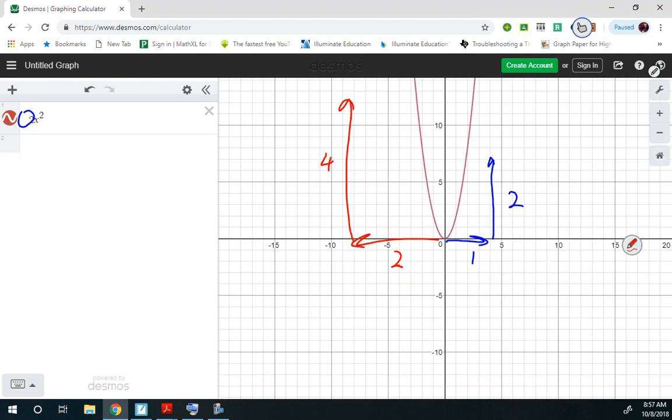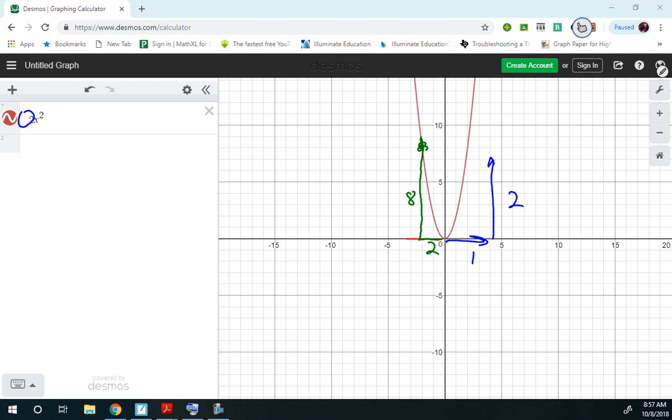When I go over 2, how far up did I go? 8. Okay, that's kind of interesting, and we're going to use that idea again in a minute. Everybody feeling okay so far?